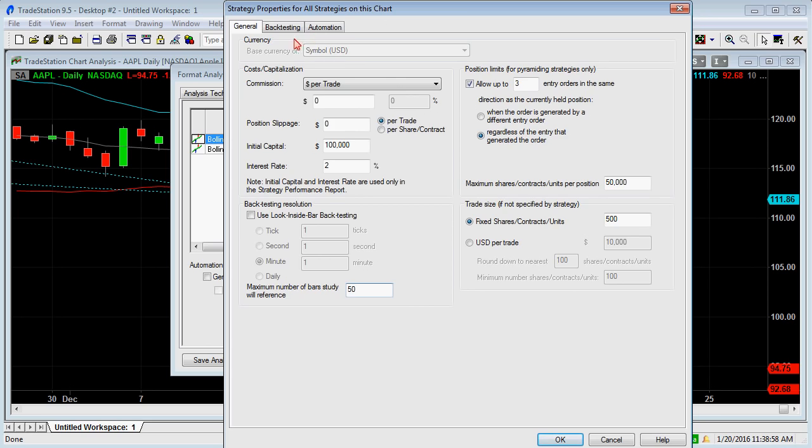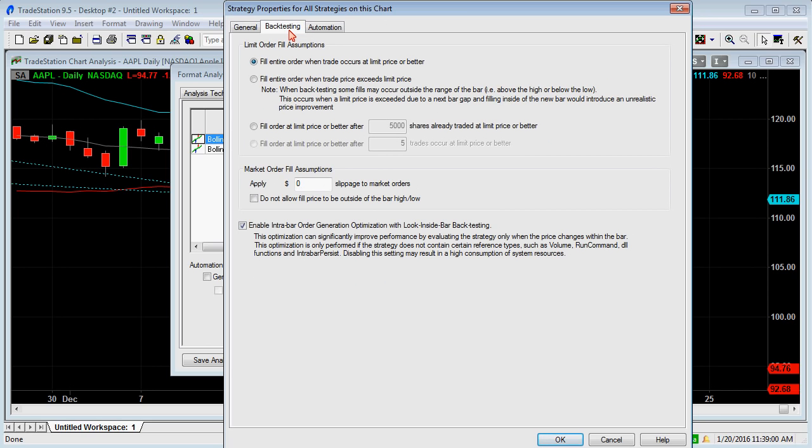All right. In the backtesting, you can modify the way that the backtest assumes fills of the orders. I did say earlier that the strategy assumes that you have a perfect fill. Fill the entire order when trade occurs at the limit price or better. So as soon as you see the price, the strategy will fill it. But if you want to simulate realistic behavior, you can come here and choose a different setting.